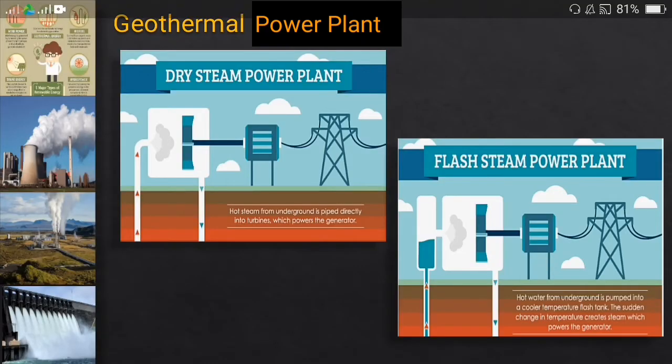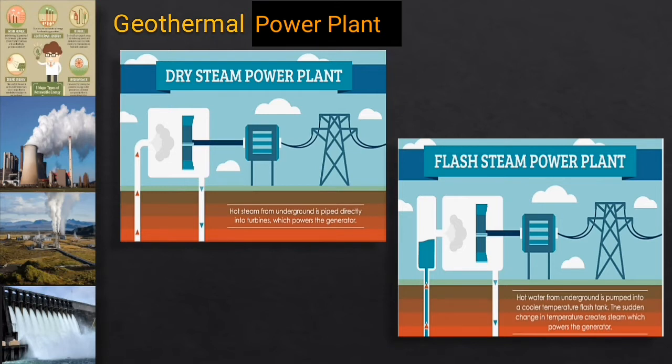So there are two main types of geothermal energy plants that generate power. We have the dry steam power plant and the flash steam power plant. Dry steam plants are the most common types of geothermal power plants. They work by piping hot steam from the underground reservoir directly into turbines, which power the generators to provide electricity.